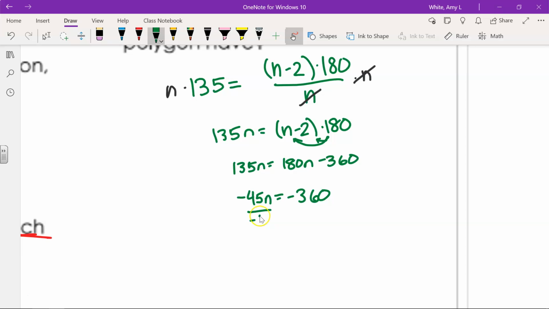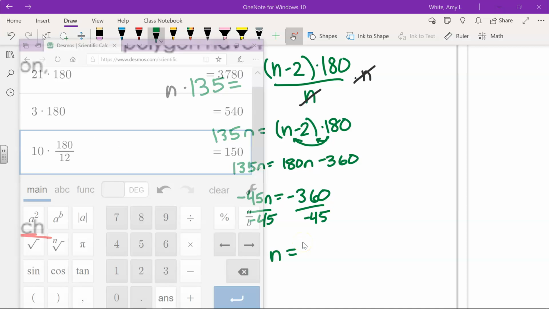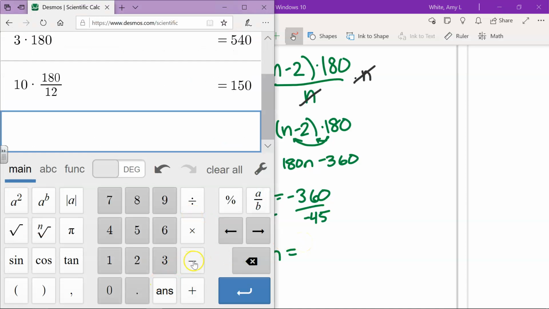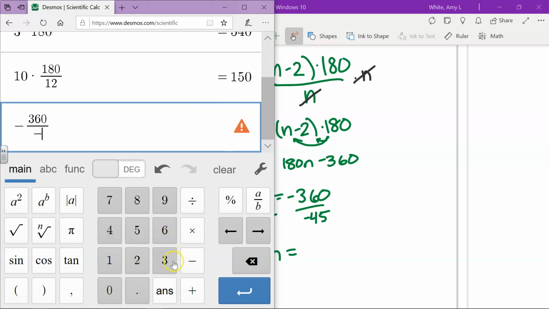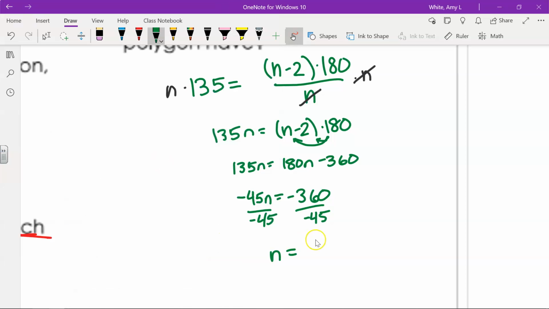And then I can divide both sides by negative 45, and we get that n equals, and this might be where I take my calculator, negative 360 divided by negative 45, and we get 8. So n, in this case, is 8: an octagon would have angle measures of 135 degrees.